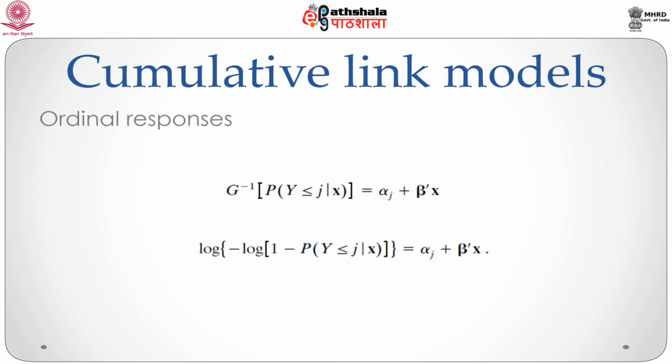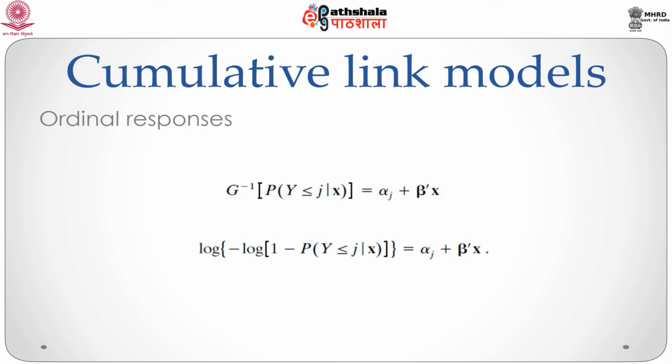These are given by G inverse of probability y less than or equal to j given x equal to alpha_j plus beta prime x. So instead of using the logit link, we could choose to use alternative link functions, capital G, and it is possible to show that just as we had the binary choice motivation in the case of logistic regression, it is similarly possible to get an equivalent motivation in terms of multiple latent variables in the case where we have categories.